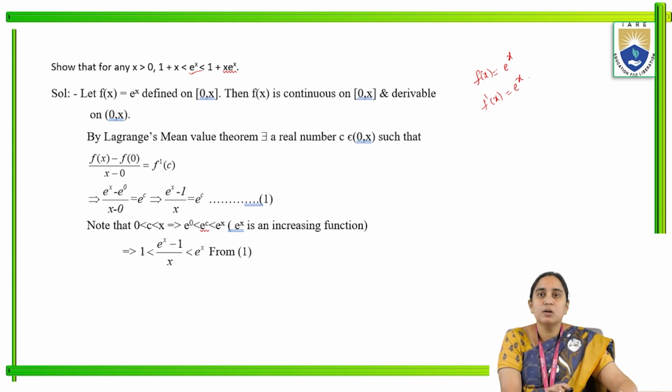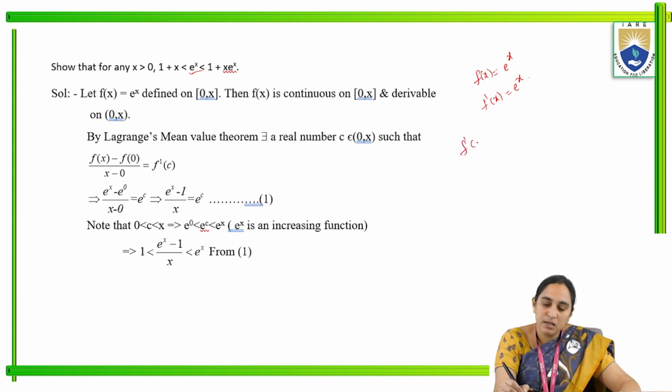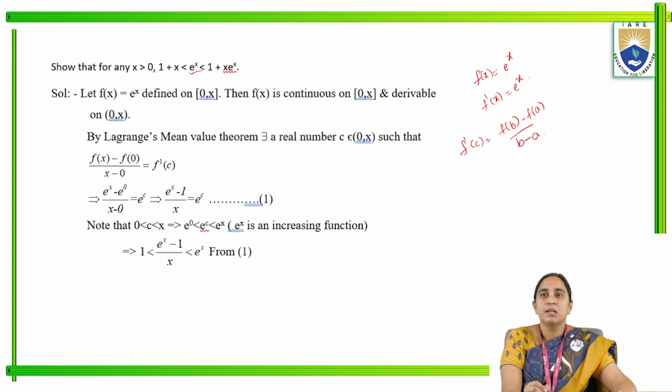If the two conditions are satisfied, then by Lagrange's mean value theorem there exists a real number c belonging to 0 comma x such that f dash of c is equal to f of b minus f of a by b minus a.